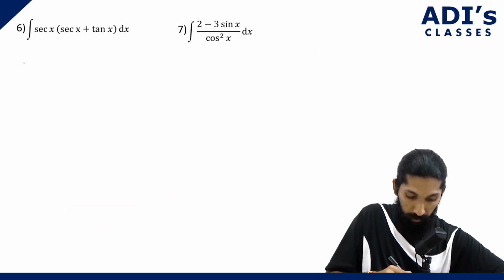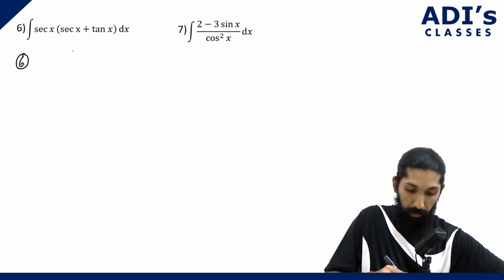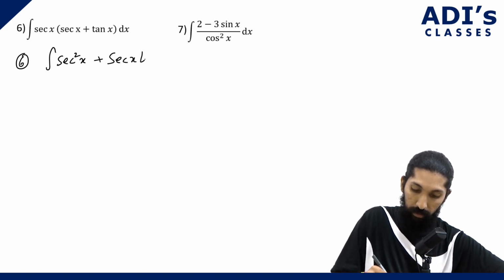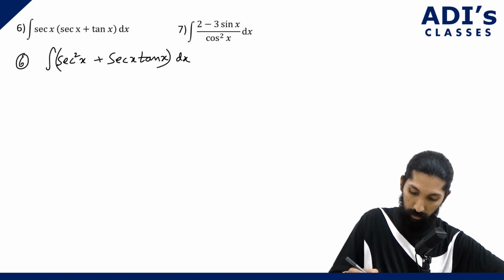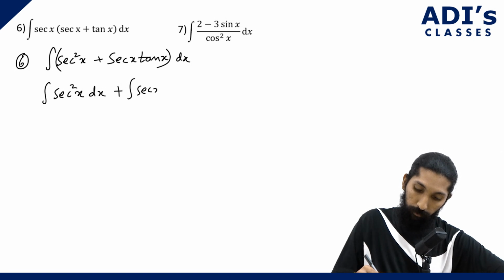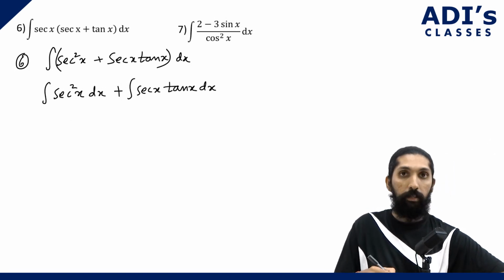See here, integration of (sec² x + sec x tan x) dx. So the integral of sec² x dx is the first part, plus the integration of sec x tan x dx, correct?